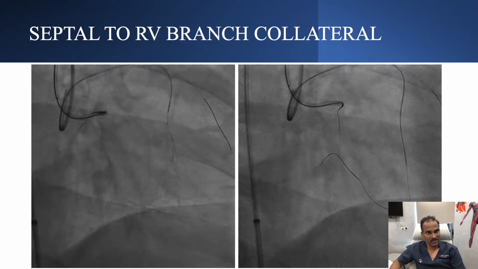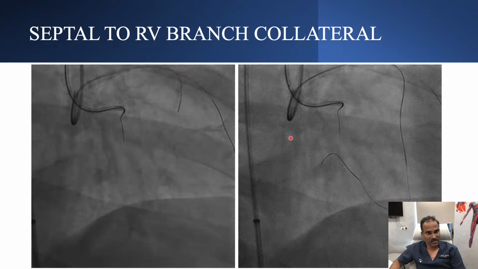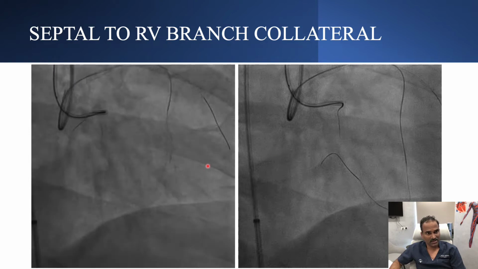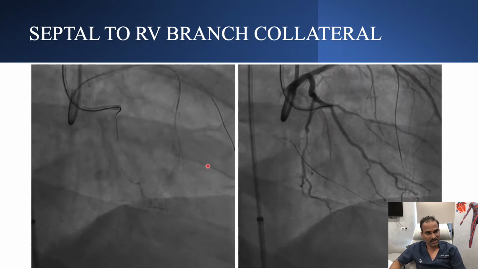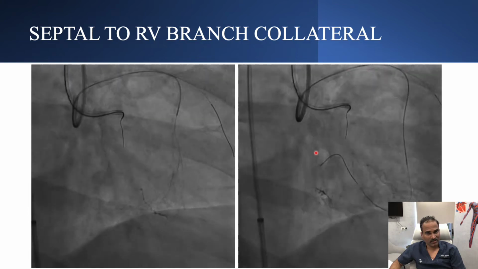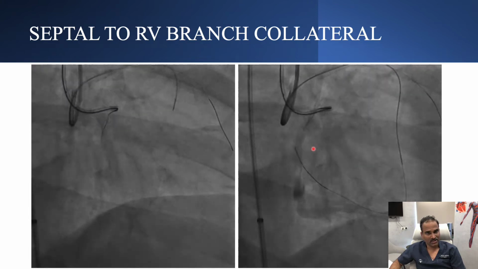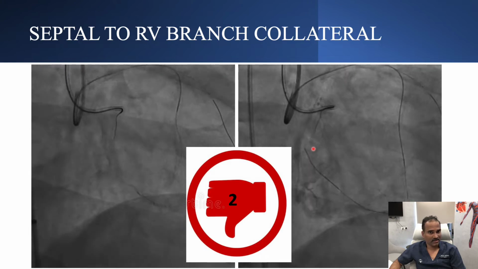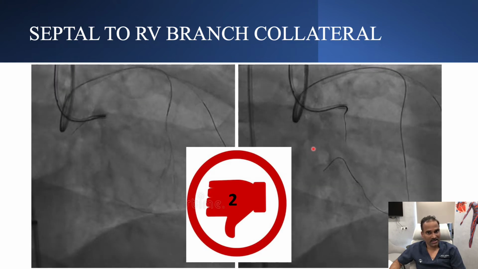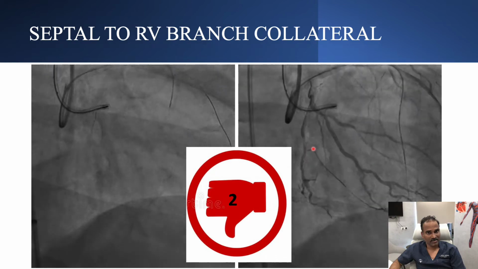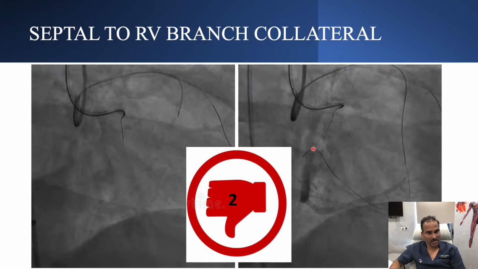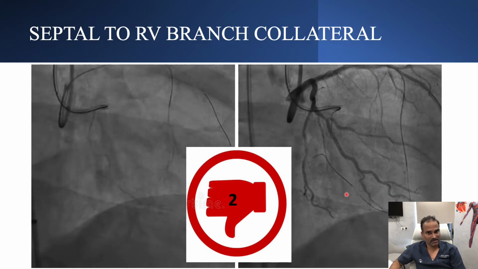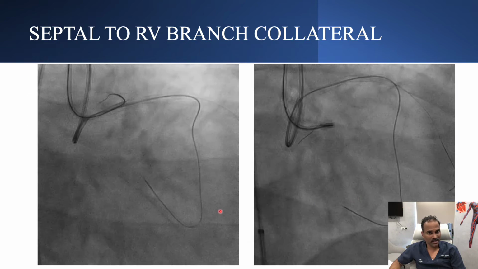So we took this septal channel, which appeared to be connecting to an RV branch. You can see here, the wire went, CO03 just went into the RV branch, and this is the second hostility I had, because the RV branch is hypermobile, and you can see the bend in the RV branch.